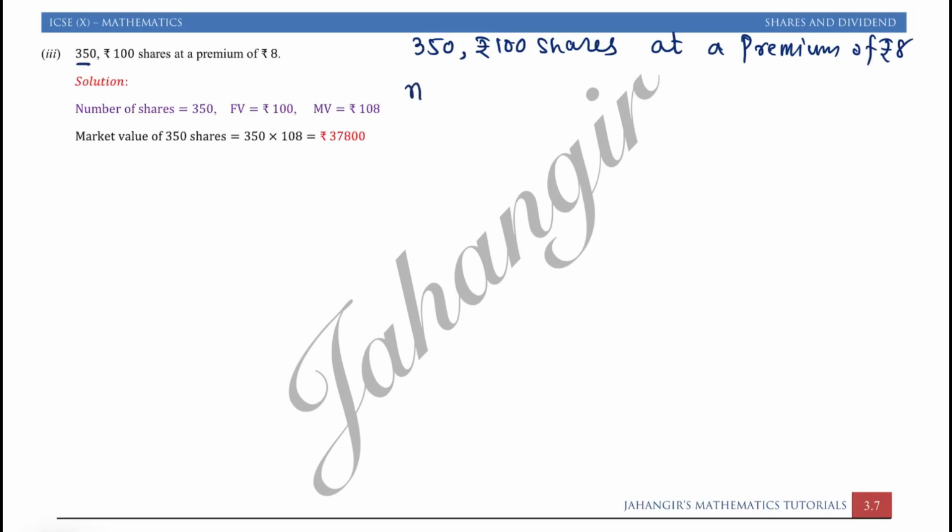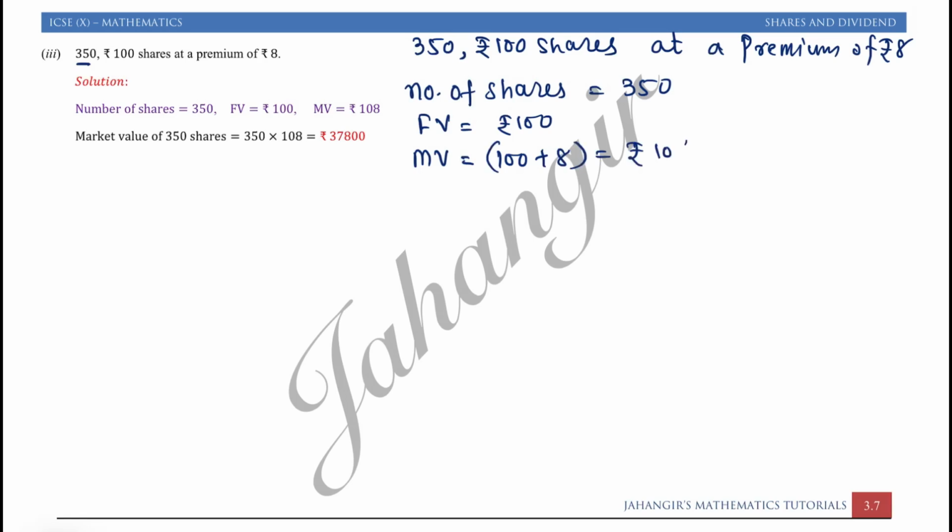So here number of shares is 350 and face value is rupees 100, and you are getting at a premium of rupees 8, that is 100 plus 8, that is equal to rupees 108. So market value is 108 rupees.